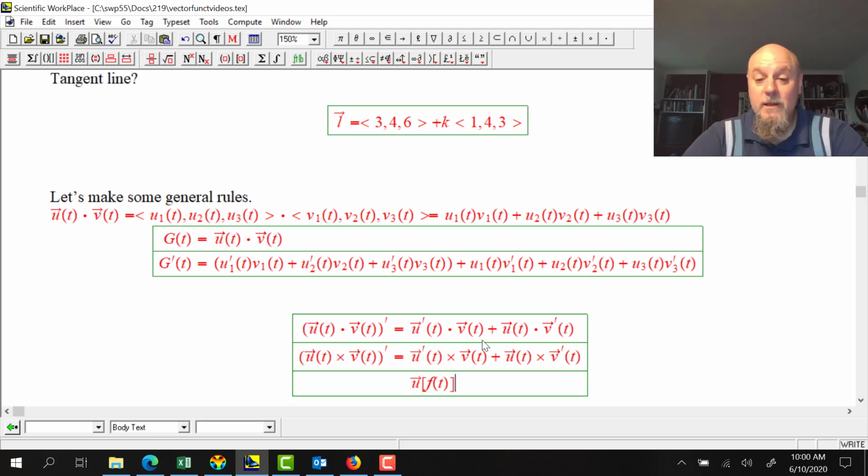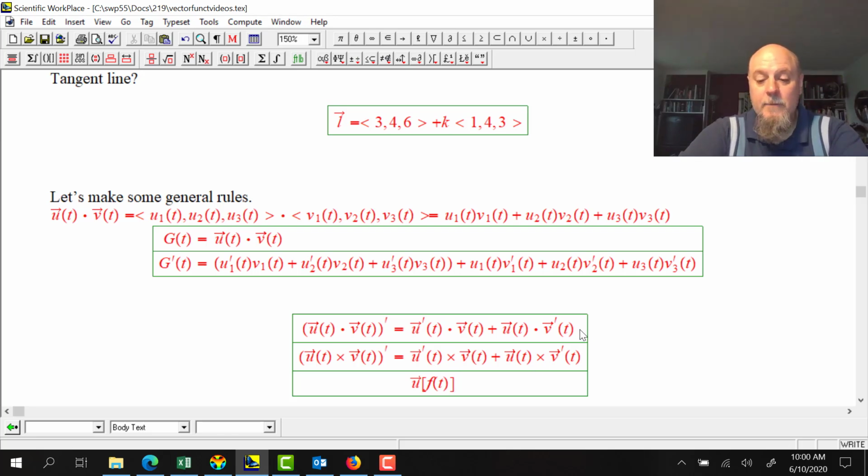Lastly then, a chain rule. Oh, wait, no. Let's figure this out first. When I take the dot product of two vectors, I get a number. So the dot product of two vector functions is a scalar function of time. When I take the cross product of two vectors, I get a vector. So the cross product of two vector functions is itself a vector function. So when I take the derivative of it, it's a vector function.